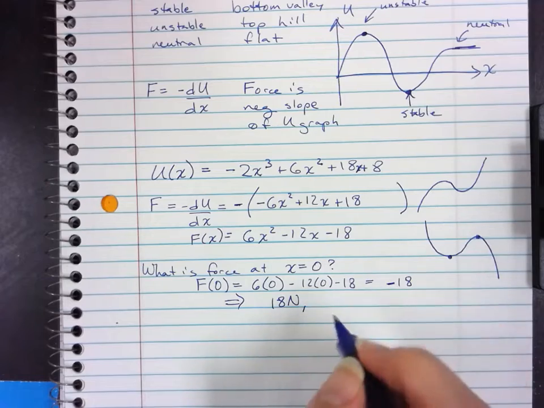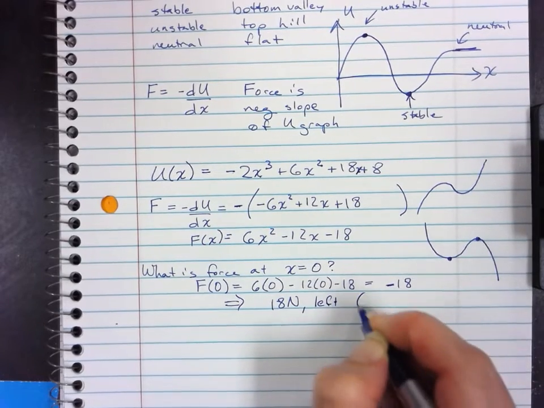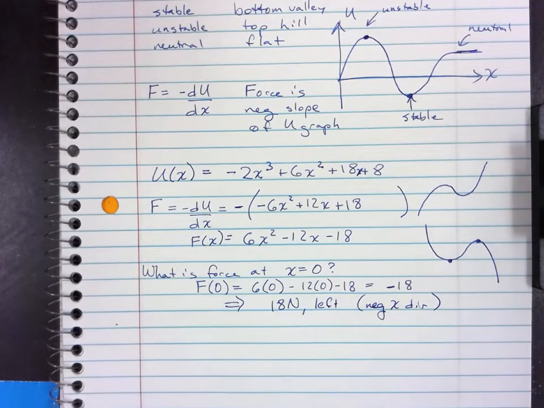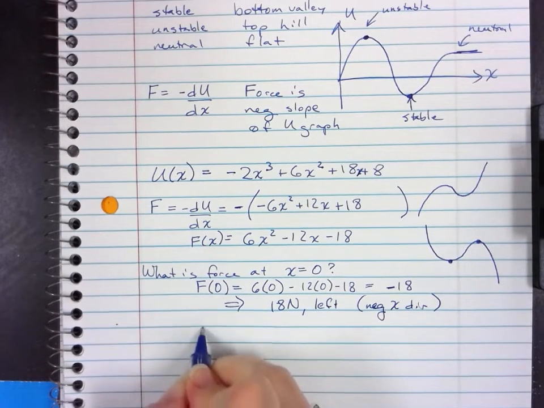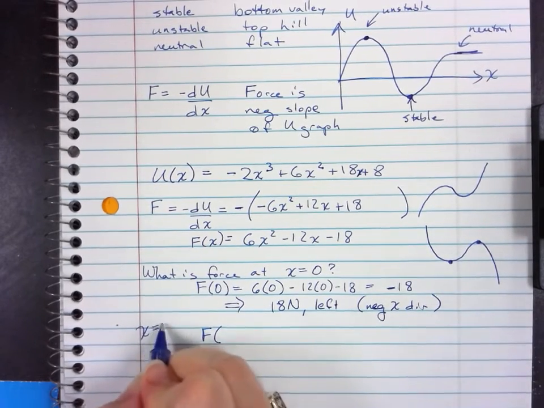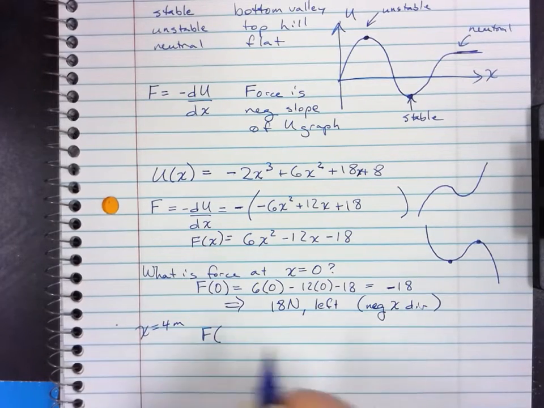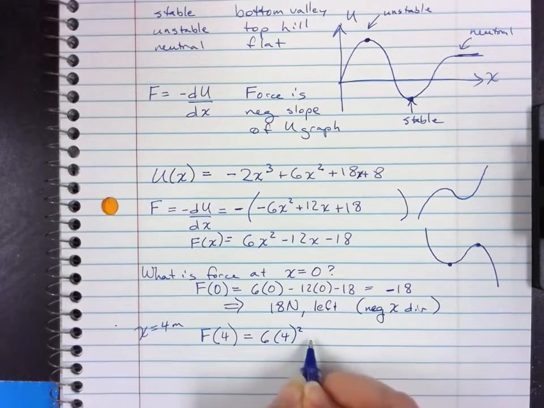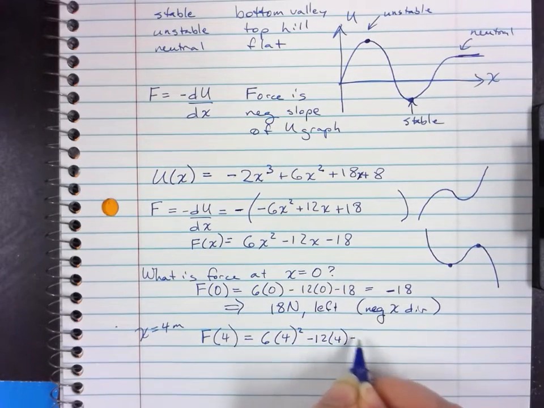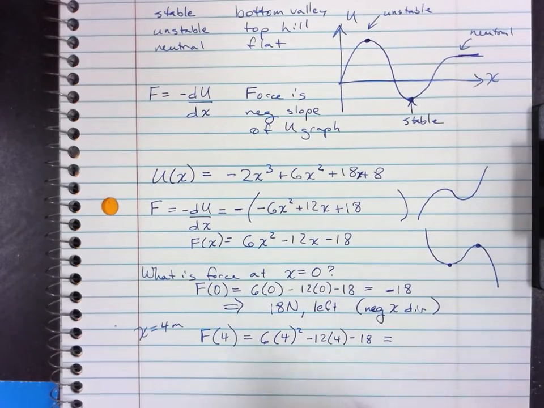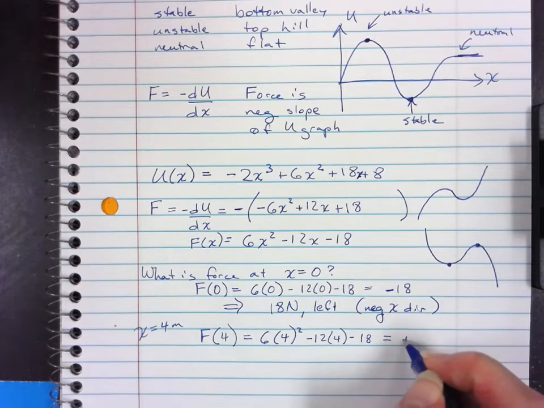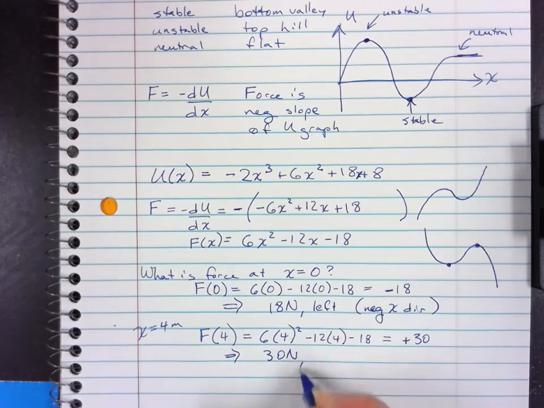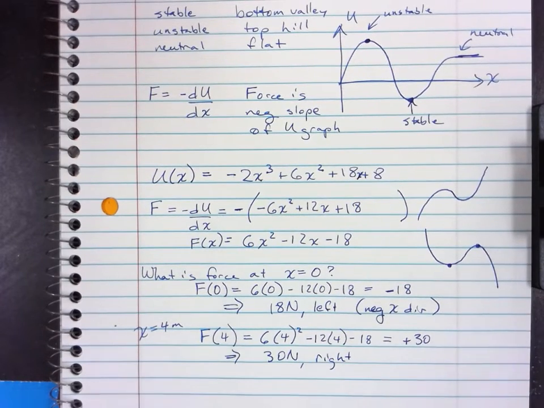The negative sign means it's to the left, in the negative x direction. As opposed to the force at x equals 4 meters, where I need to do 6 times 4 squared minus 12 times 4 minus 18. Plug that all in, you get positive 30. So this force is 30 newtons back to the right.